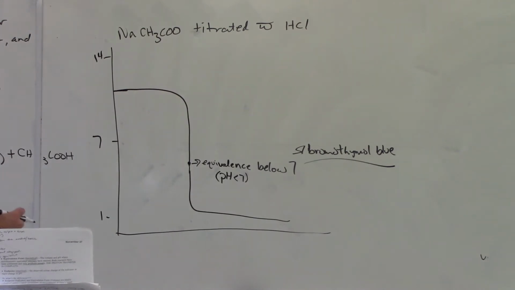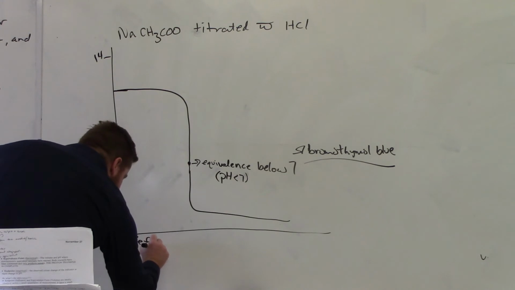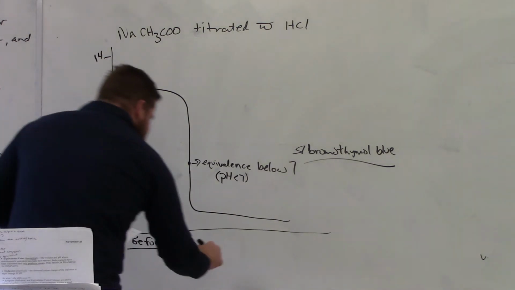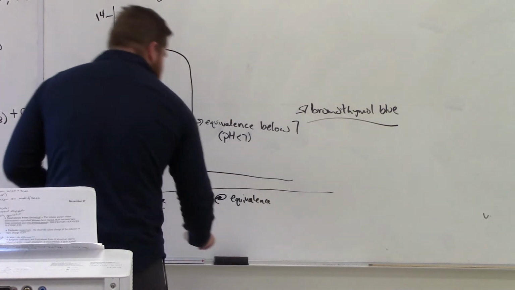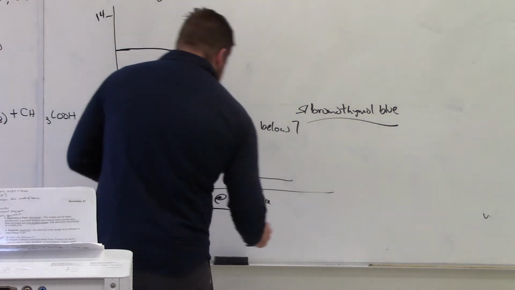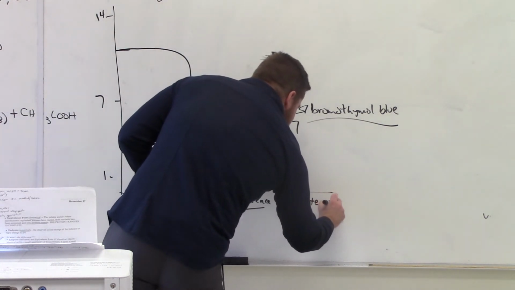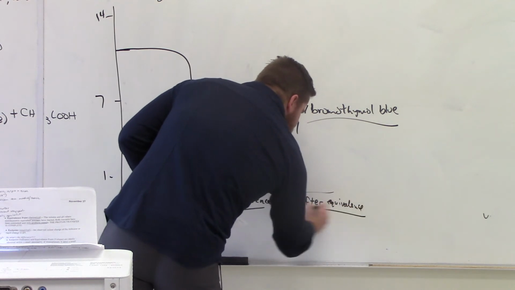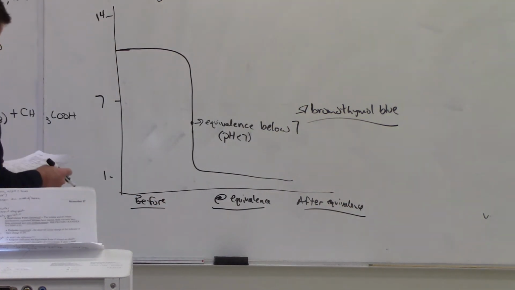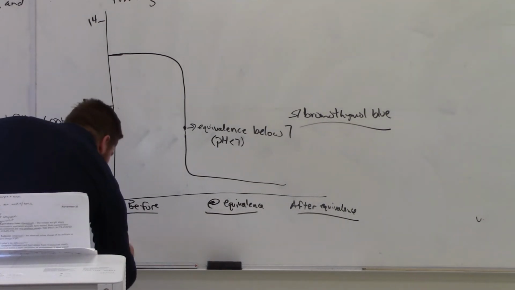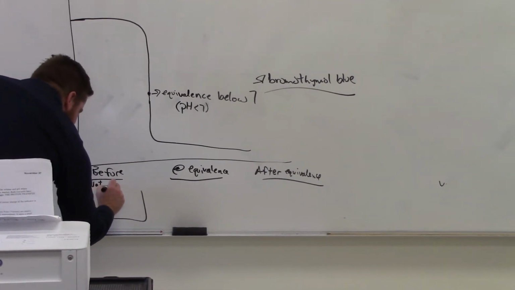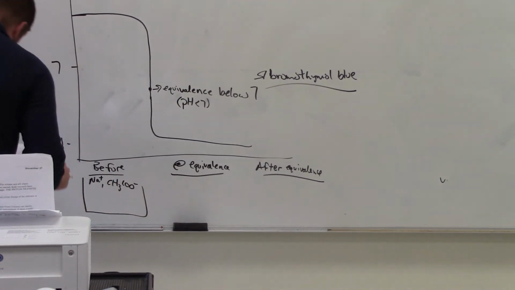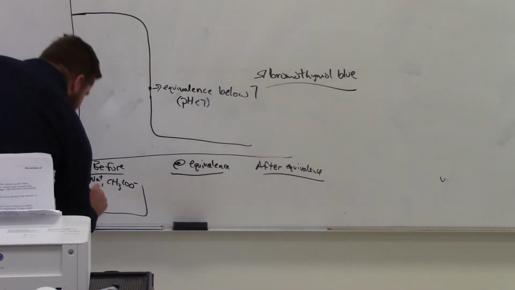Okay, so I'm going to draw what my entities are: before the titration, at equivalence, and after equivalence. What do we have present before? Well, we have Na plus, we'll have CH3COO negative, and there'll be H2O.